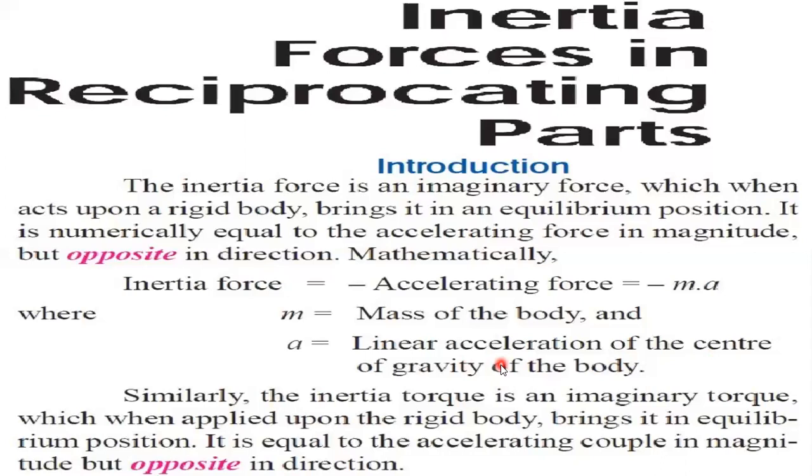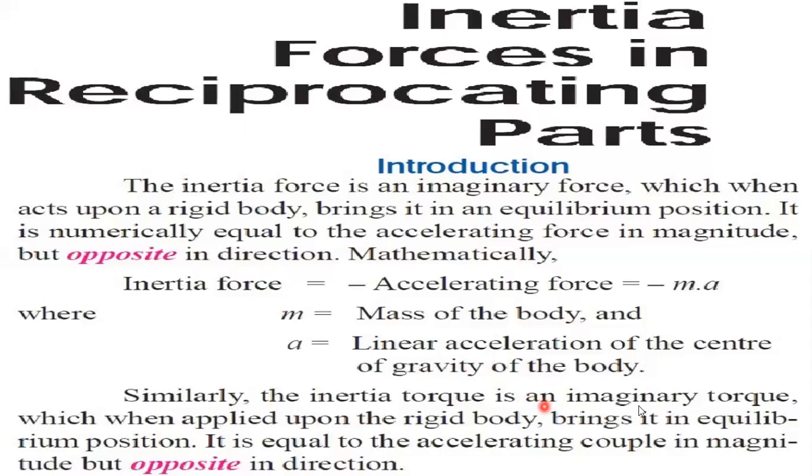As we saw for accelerating force, in the same way as inertia force, there is also an inertia torque. Inertia torque is also an imaginary torque. For example, if you are rotating a body, a torque will automatically be created. There will be an opposite torque, that is the inertia torque, which acts in the opposite direction of the torque which we apply or with which the body is rotating.